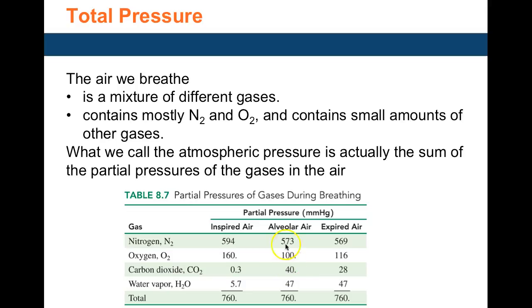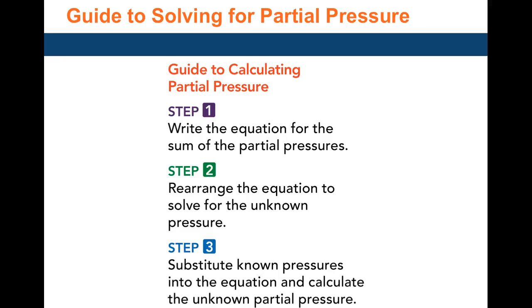In order to equalize that, the carbon dioxide diffuses out during expiration, because you have to equalize the pressures inside and outside. All right. So in expired air, out of that 40 millimeters of mercury, 28 of it comes out. And 116 of that oxygen is coming out. However, more oxygen is getting in because it's getting carried through the blood to the cells.